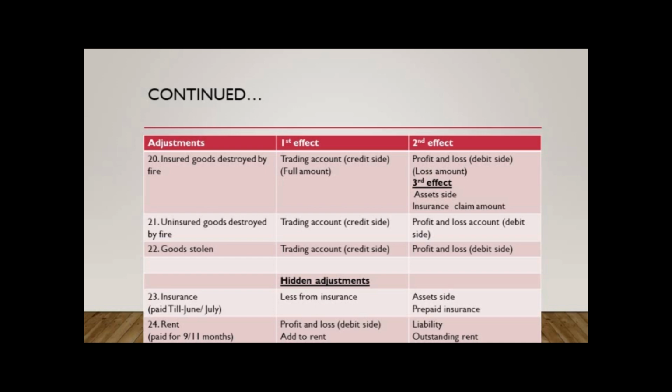If it is paid for 11 months, it means we still have to pay for 1 month. Therefore, it is outstanding. So outstanding rent we are going to add to the rent, and it is our liability, and therefore the second effect will come on the liability side, as outstanding rent.